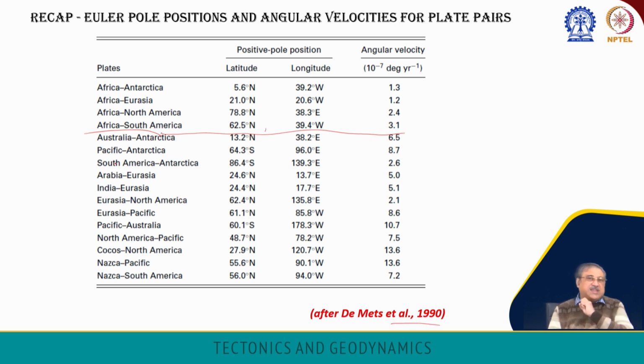Now, it also gives us an interesting idea. If one plate is fixed with respect to another plate and it's moving with time, as this rotates, we are seeing it at some point advanced in time. So, from what we are seeing today, can we not backtrack? Can we not reverse the motion around the Euler pole of rotation and make the plates move back?